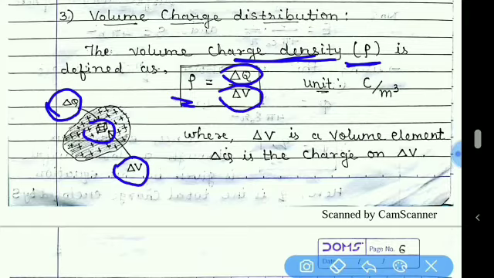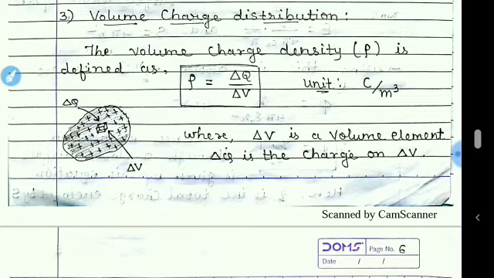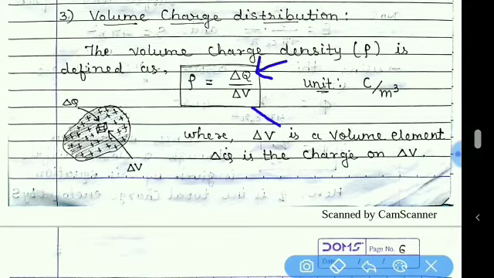So this is the formula for volume charge density, and now its unit. In the numerator it is delta Q, and in the denominator it is delta V. So delta Q, which is charge, is measured in coulomb, and volume is in meter cube.